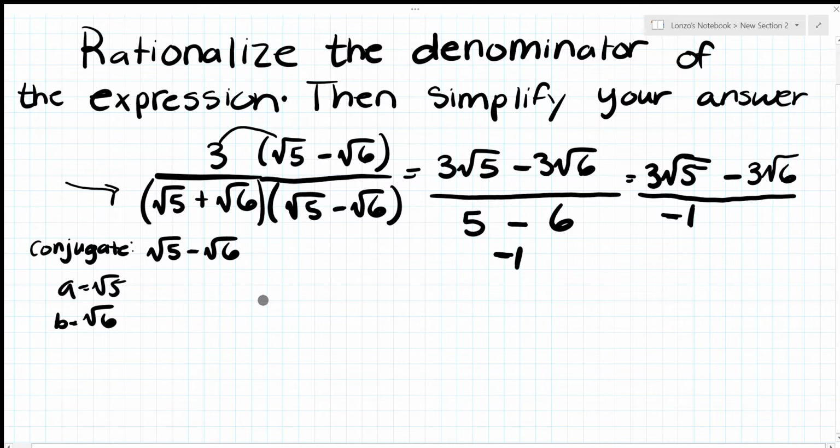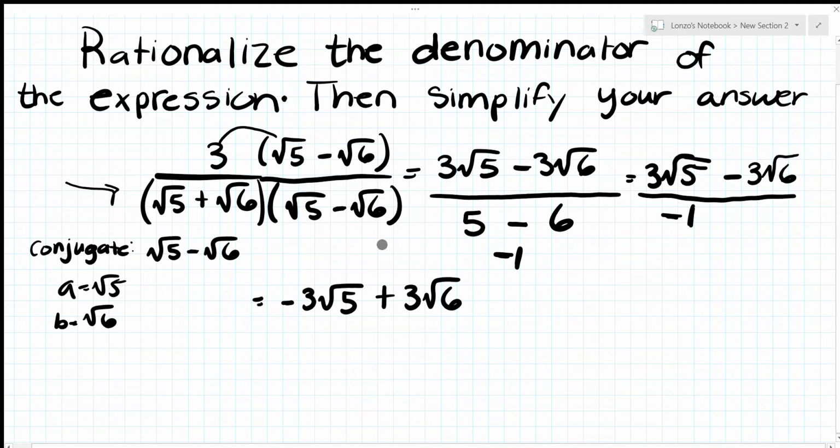So this would be negative 3 square root of 5, and then divide this by negative as well. So 2 negatives becomes a positive, so that's going to be positive 3 square root of 6. And that's it, because you can't combine unlike terms.